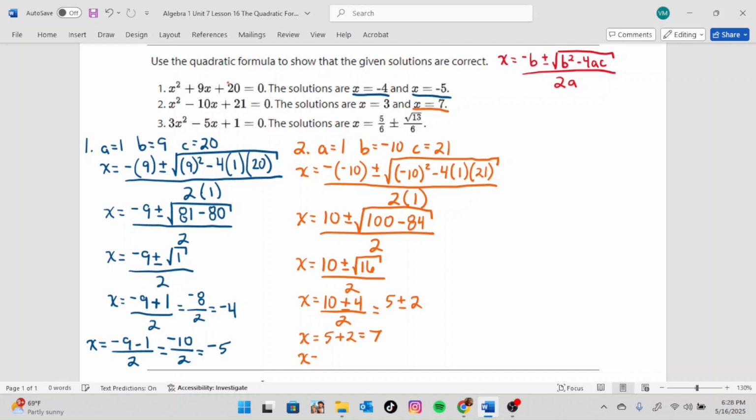The next is when 5 minus 2 equals 3, and that matches the first answer they said we should get. So this verifies that the solutions they gave are correct, because we got the exact same answers when we did the quadratic formula.